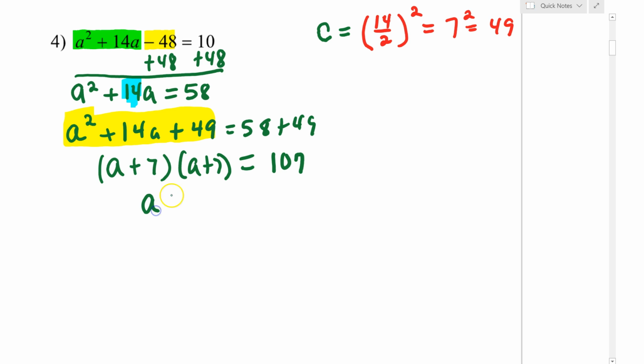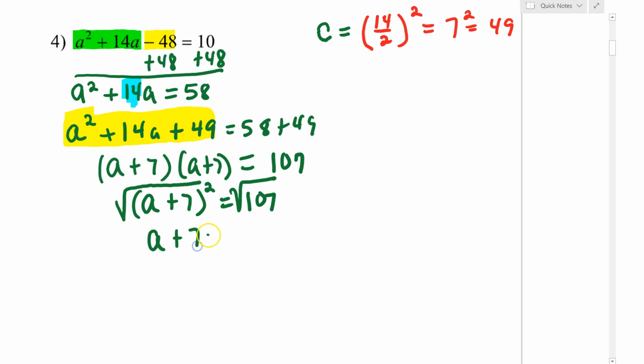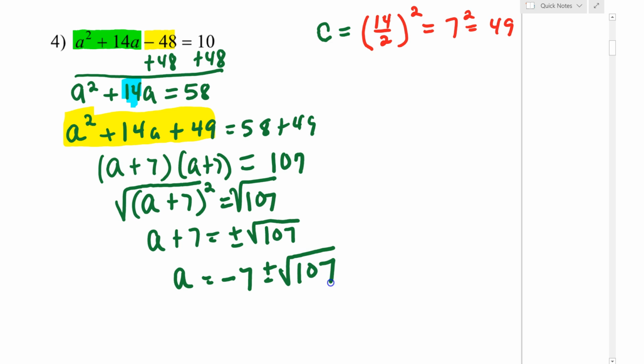So you have (a + 7)² = 107. And then you get the square root of both sides. So a + 7 = ±√107. Subtract 7 from both sides. So it's a = -7 ± √107.